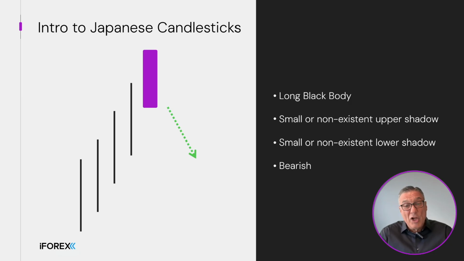Now, a long black body will indicate that the uptrend has come to an end, potentially, and there is a lot of selling activity.